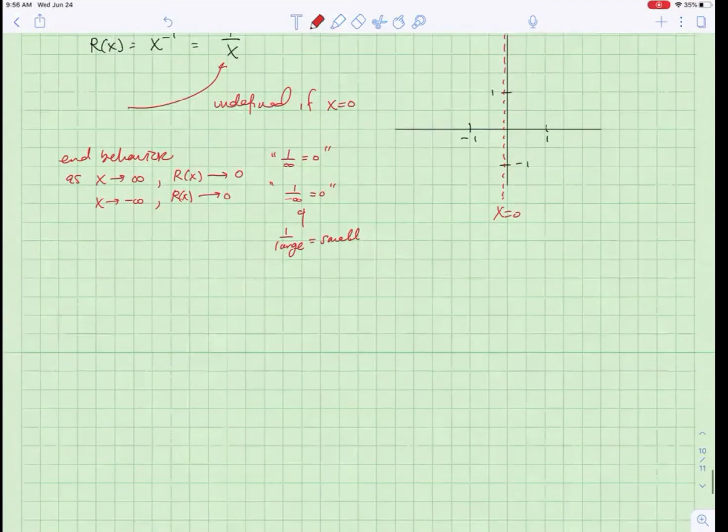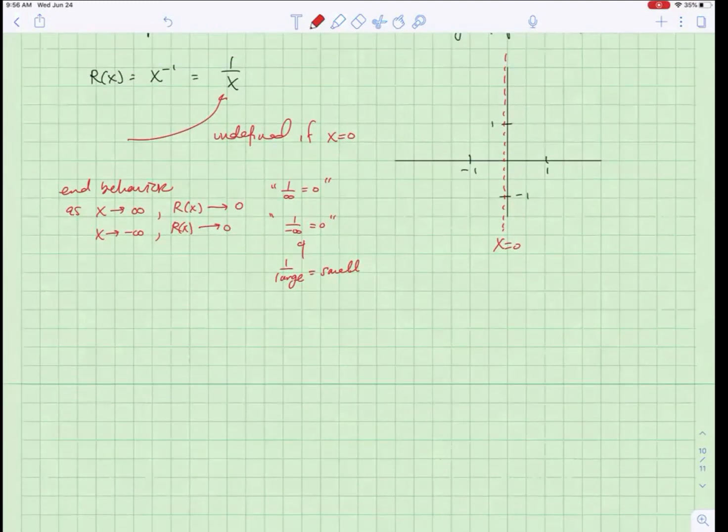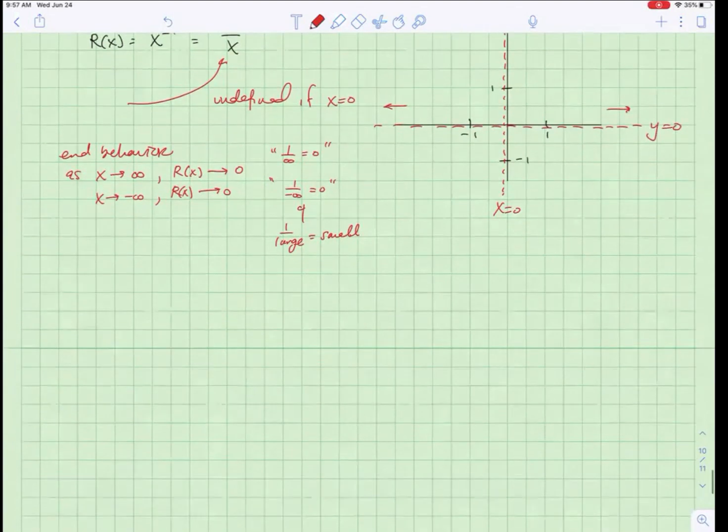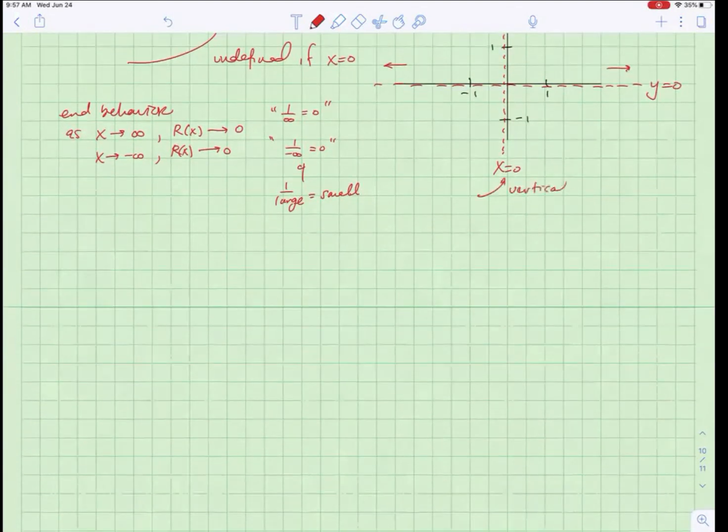So what we get here is, as we tend towards larger and larger values in both the negative and positive direction, we get closer and closer to 0. And we get what's called a horizontal asymptote at y equals 0. So this is a vertical asymptote. This is a horizontal asymptote.